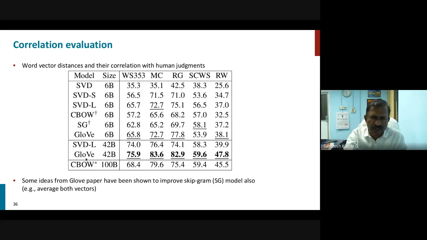So here also you can see there are different models used, right? And the size of the data set. So as data set increases, you can see the GloVe method shows more correlation, more value, right? So more correlation with many data sets, right?